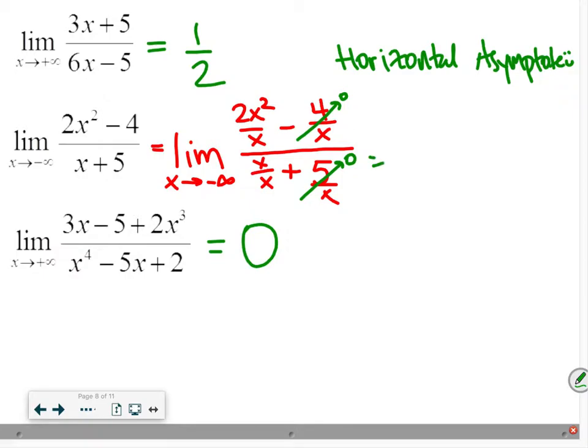So what we have is the limit as x approaches negative infinity of 2x over x, which is 2x, divided by 1. Now we have the limit of a polynomial. Our leading coefficient is positive. We have an odd function. So towards negative infinity, are we going to rise or fall? We're going to fall.